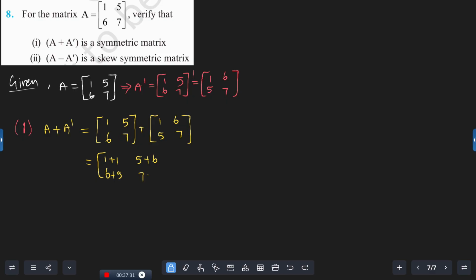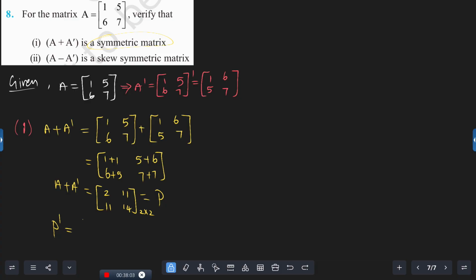When we add, we get 2, 11, 11, 14. This is a 2 by 2 matrix. I am taking this A plus A dash as matrix P. They asked to verify A plus A dash: when you add, you get a matrix, and they are asking whether that matrix is symmetric or not. That means when you take the transpose, you should get the same answer. Shall we check?